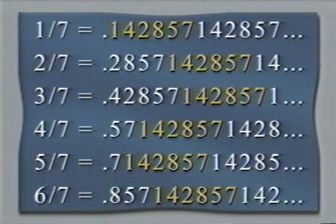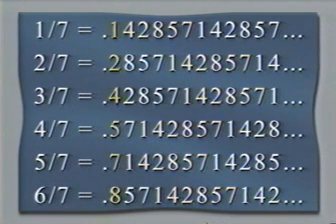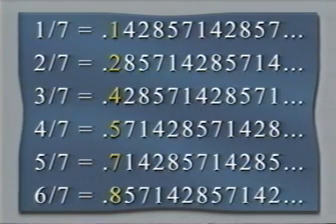The only difference is which is the first digit. For 1/7, the first digit is 1. For 2/7, it's 2. For 3/7, it's 4. But after that, the order of the digits is the same for each of the 6 representations.